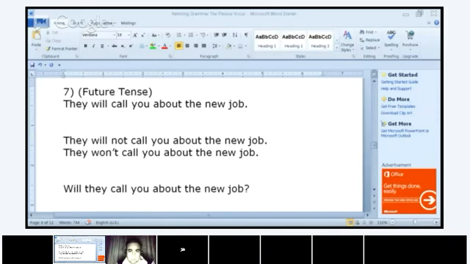And so we're changing the focus to you. This is what we want. And what's going to happen to you, or what's not going to happen to you? So you will be called about the new job is the positive form. That's good news. How about a negative form of that? You won't be called about the new job.